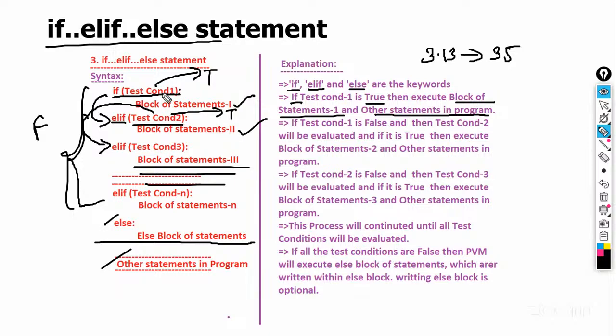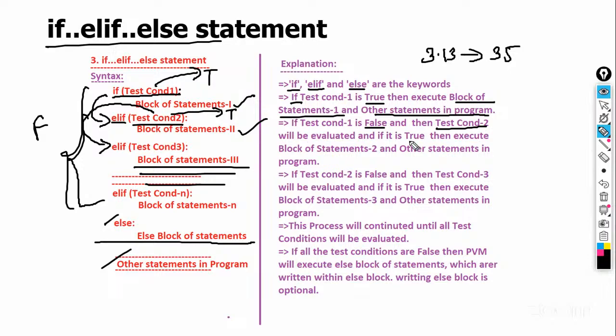But what if this condition is not holding true? If it is false, the same way, it goes to test condition 2. It evaluates test condition 2, which is part of the first elif block.